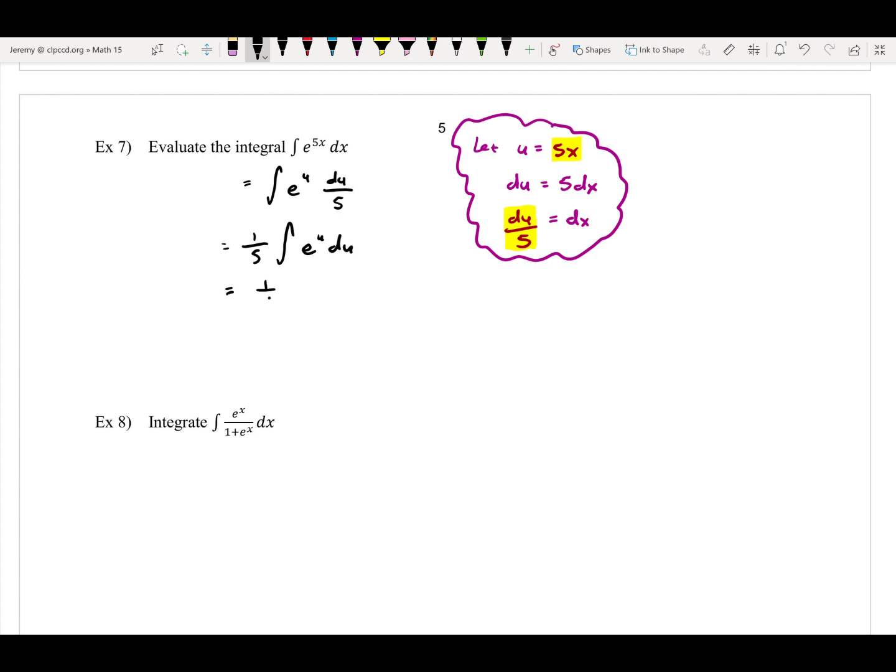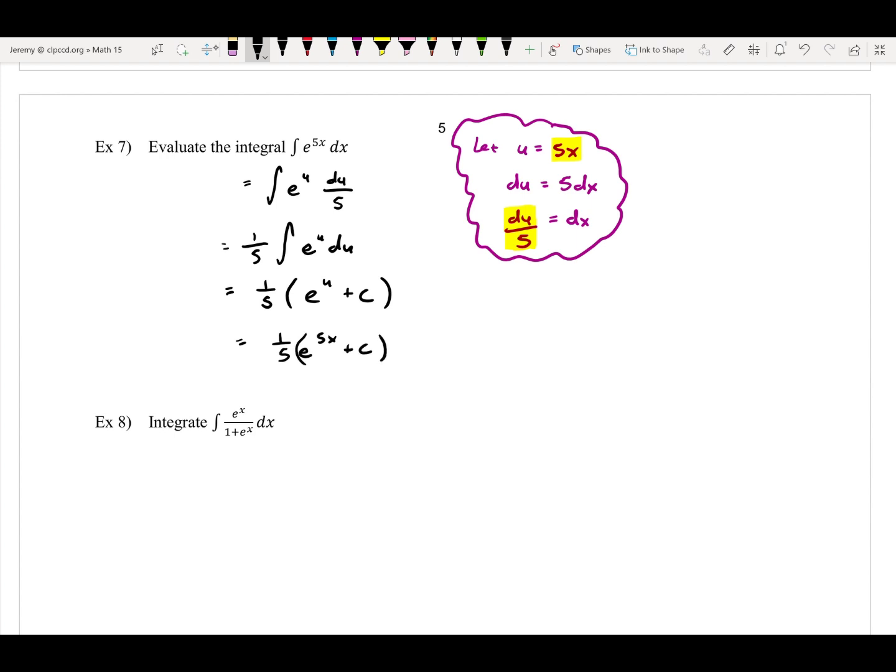So this will be 1/5 times e to the u plus c, right? Because the integral of e to the u is just e to the u. And then I can replace u with 5x, so I get 1/5 e to the 5x plus c.